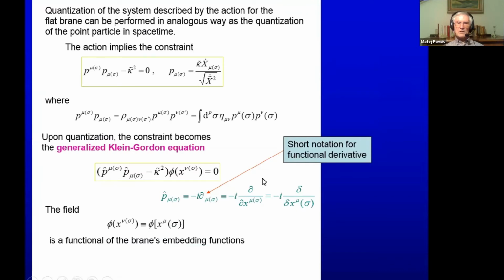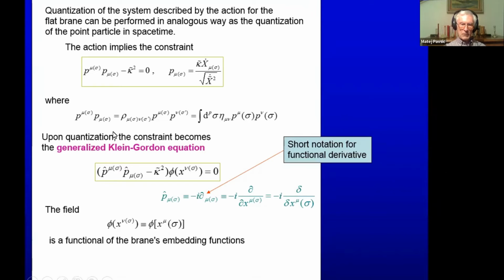So, quantization of the system described by the action for the flat brane can be performed in an analogous way as the quantization of the point particle in space-time. The action implies a constraint between the canonical momenta, where this quadratic form is explicitly an integration over canonical momenta of the brane.